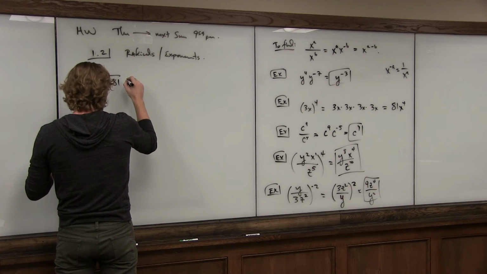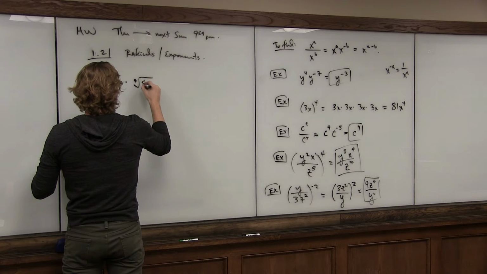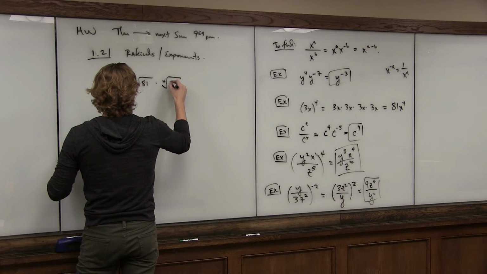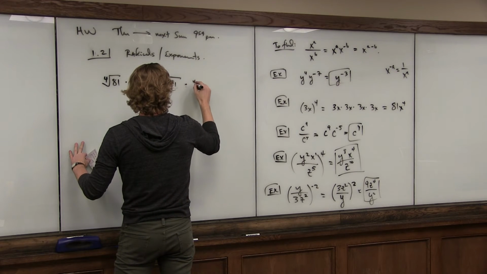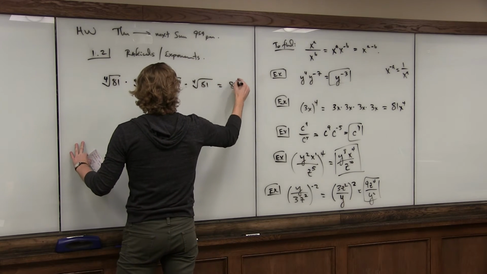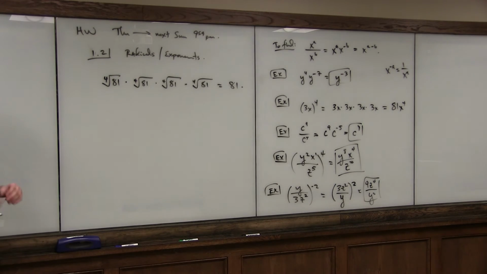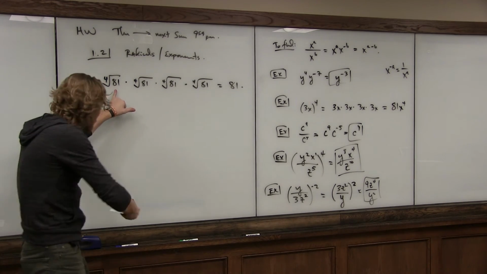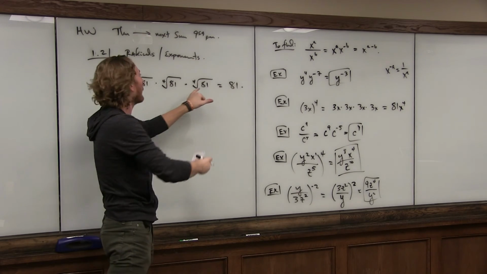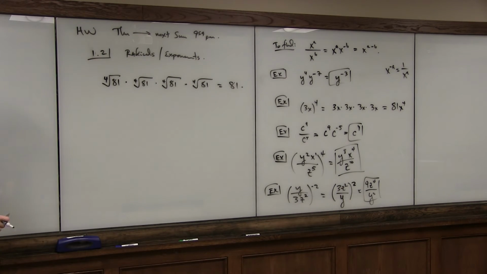This is the number that when multiplied by itself 4 times is 81. Right? The 4th root of 81 is the number that when multiplied by itself 4 times is 81.